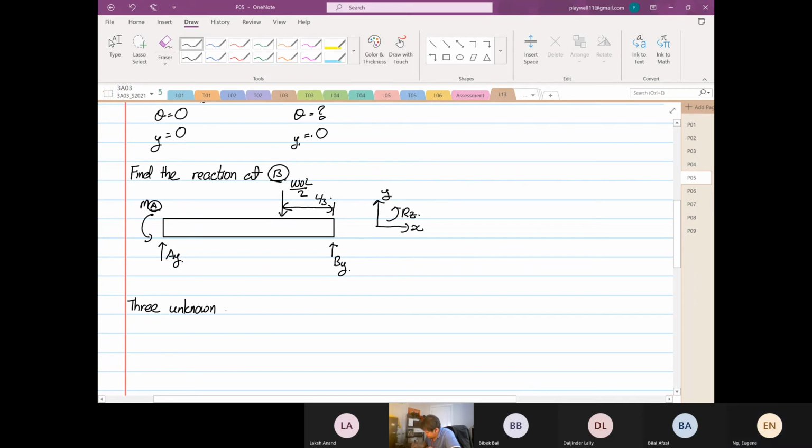And using static analysis, if we use static analysis, we can only find only 2 equations that can be formed.